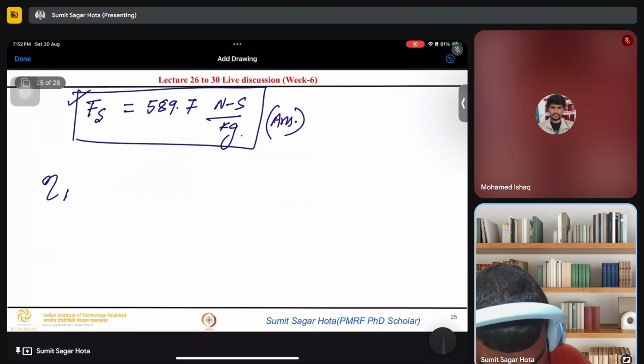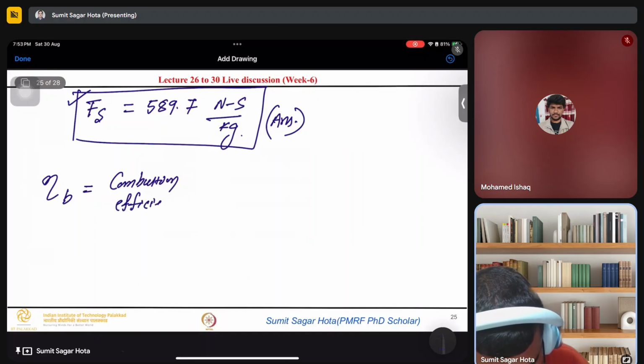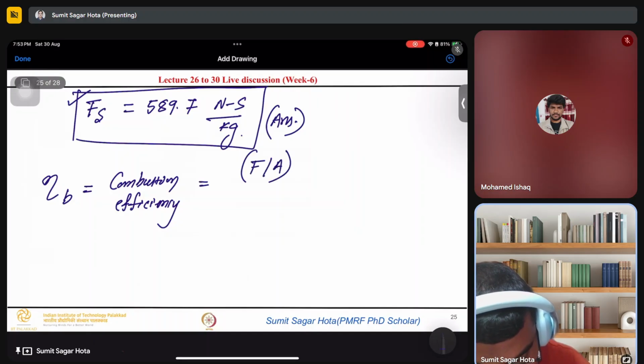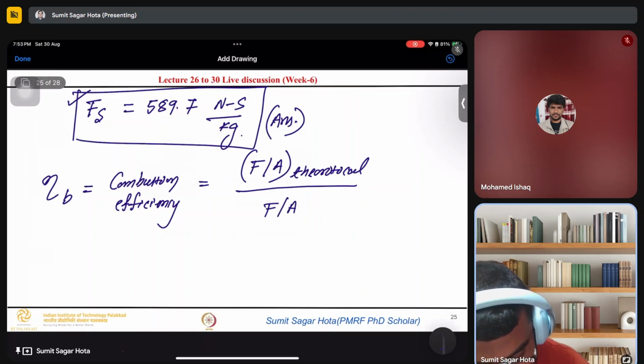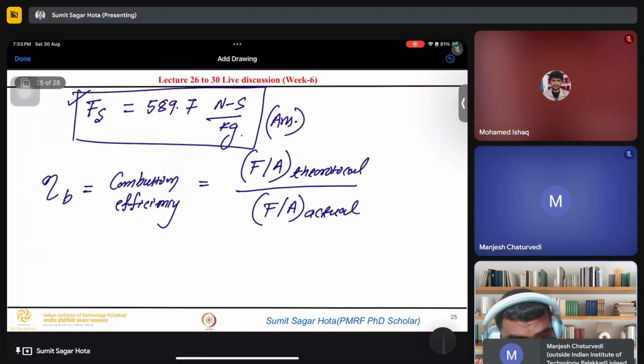The combustion efficiency is equal to the fuel air ratio theoretical divided by the fuel air ratio actual. Theoretical value they should give, otherwise it will be difficult.